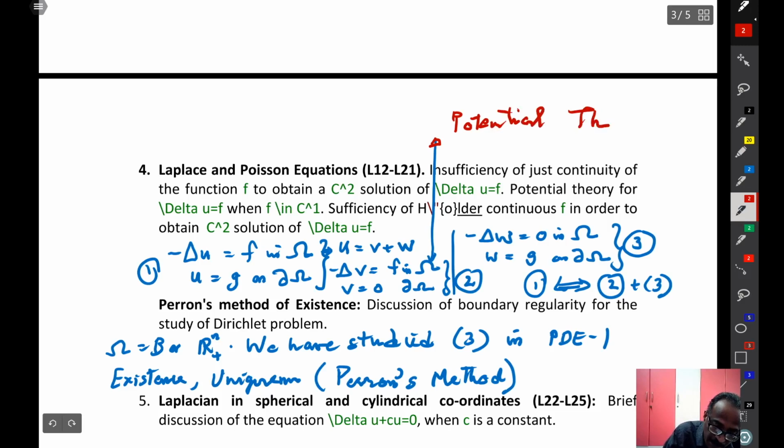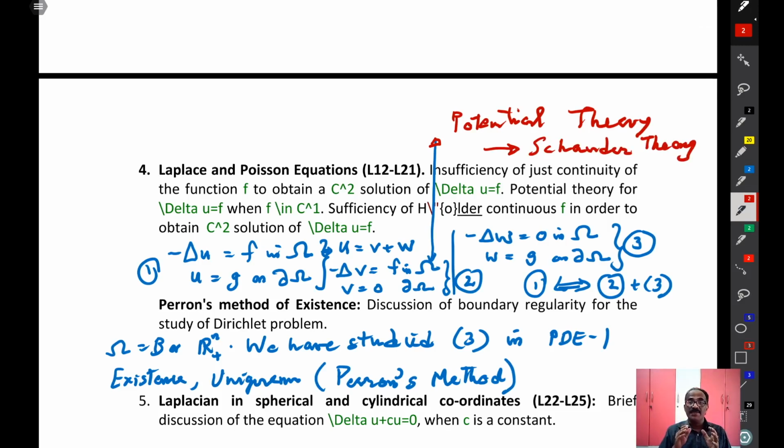This is the basis for leading to general second order equations, what is called Schauder theory. We will not get into Schauder theory, but even understanding the potential theory, basically minus Laplacian u equal to f, we want to study.